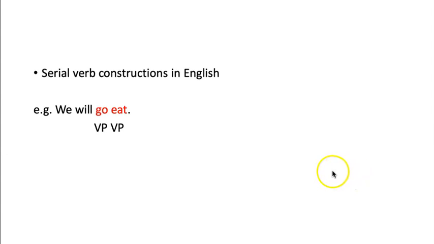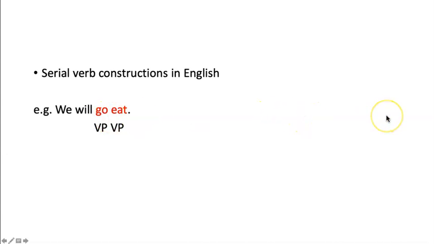Now let's look at a serial verb construction sentence in English. Like in this one, we will go eat. Go is a verb phrase, the simplest form of a verb phrase, which is a verb. Eat is also a verb phrase, or the simplest verb phrase, which is a bare verb. So these two verb phrases are directly put together, juxtaposed, without any marker in the middle.